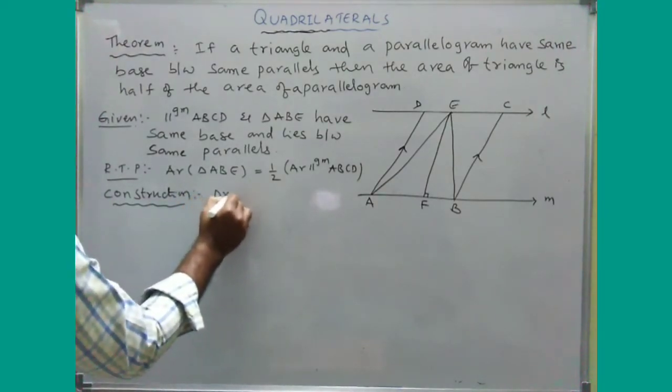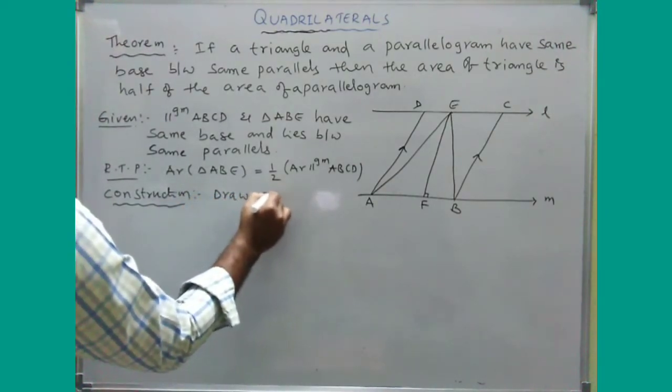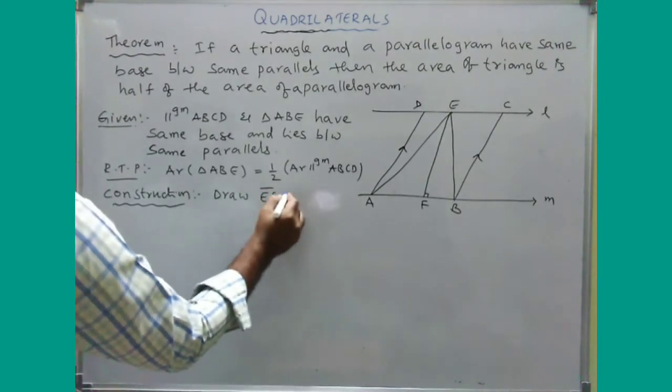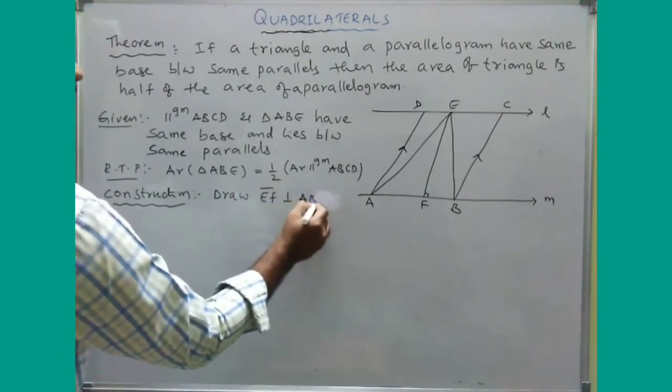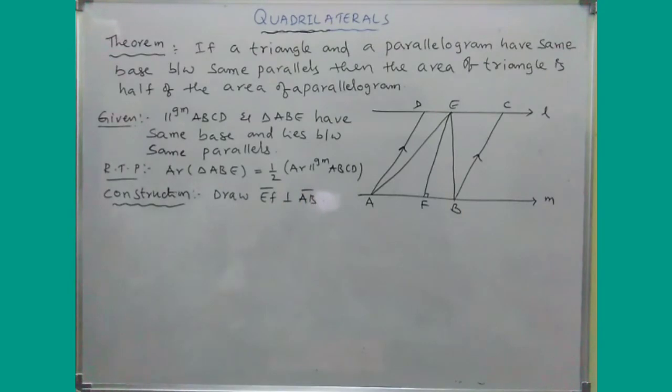So construction: draw EF, which is perpendicular to AB.